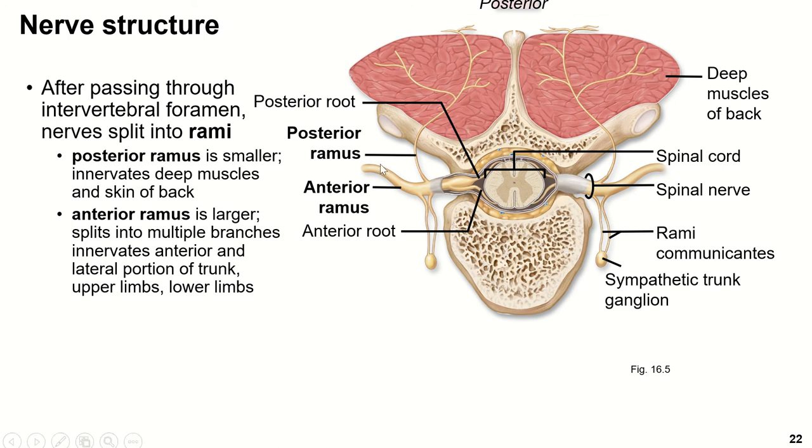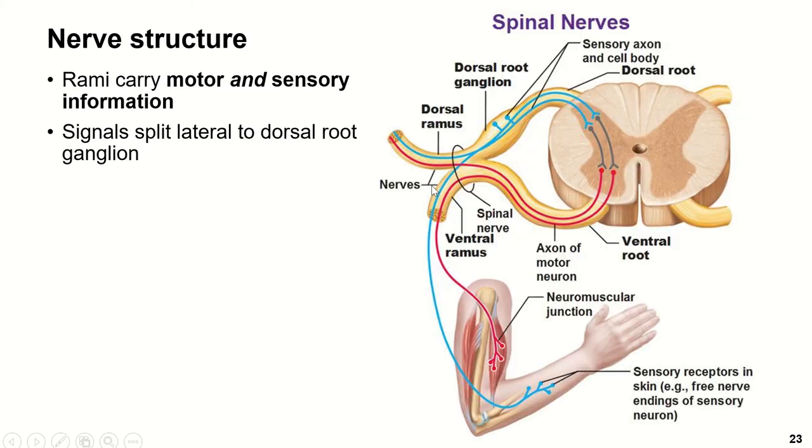And then the anterior ramus is much, much larger. It's going to immediately start branching as well to innervate the anterior and lateral portion of the trunk, the upper limbs, the lower limbs, all those things are going to branch off of this anterior ramus. Now we do have one more branch here, which we'll talk about in just a moment.